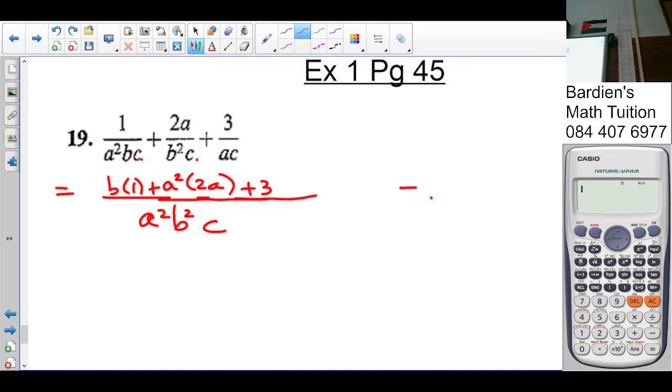Alright. So AC multiplied by what's going to give you A squared B squared C?